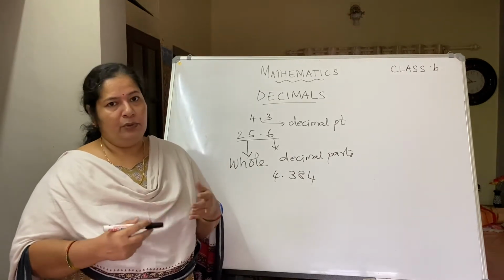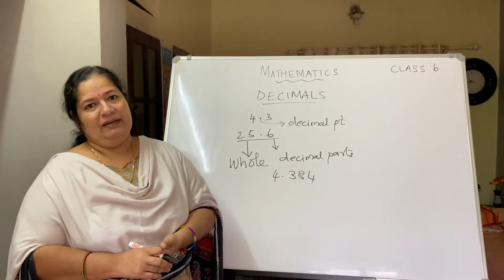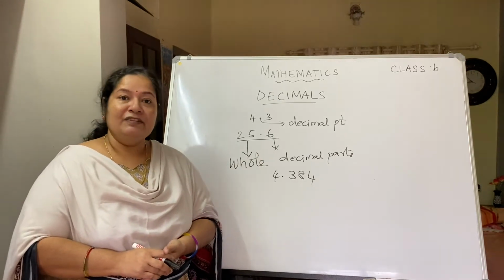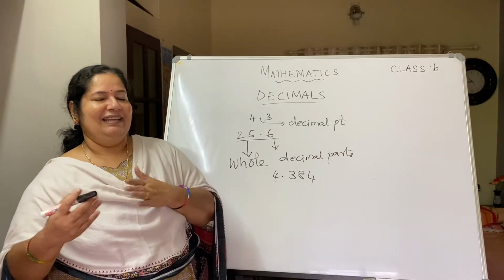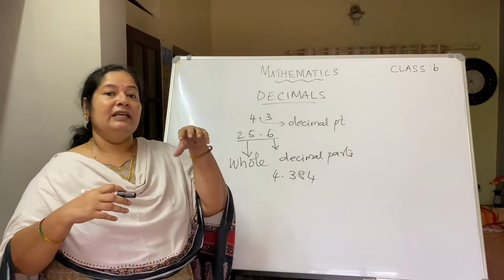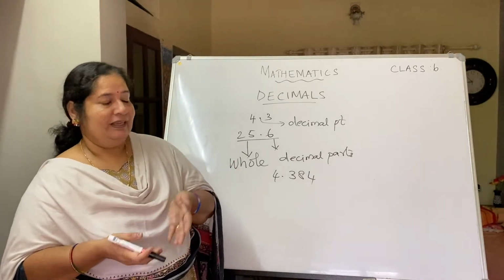Four point three hundred eighty-four? No. Then that doesn't make any difference between the whole number and the decimal. I told you after the decimal point, the decimal places are there. Now these decimal places have got their own name as well as their values.